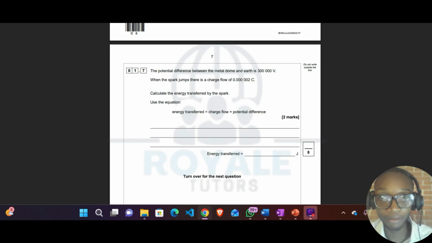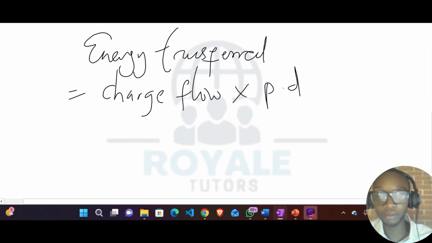Now, what else? When the spark jumps, there is a charge flow of 0.000002. So this is our charge flow.